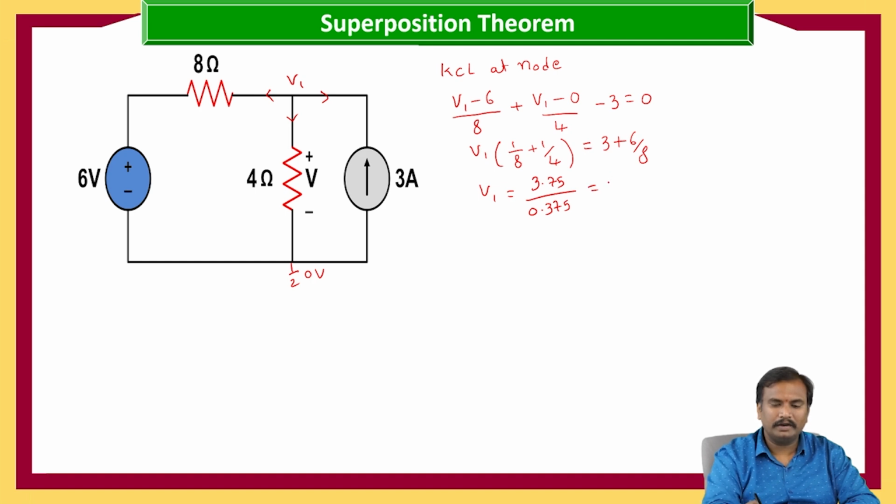So we are going to get V1 as 10 volts. Here V1 is equals to V, which is equals to 10 volts.